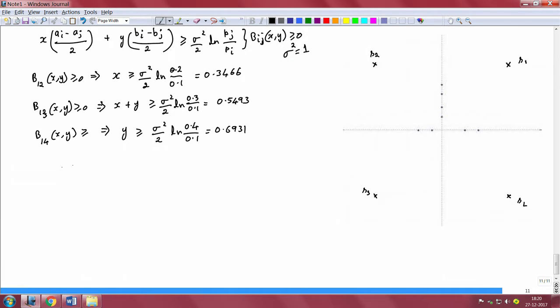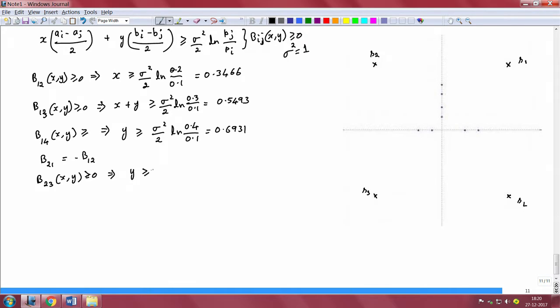And we know that b21 is the same as b12 with a negative sign, and b23 of x comma y. Following the same procedure, between 2 and 3 only the y coordinate is different.